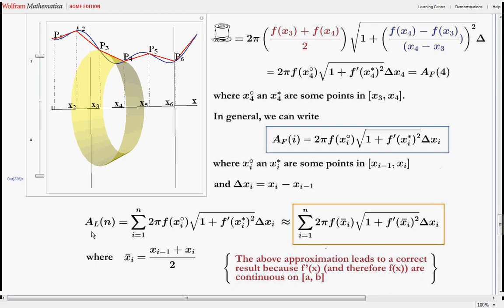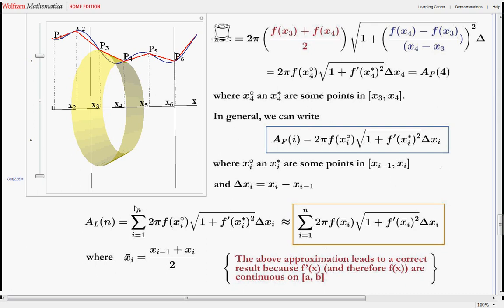So now we know that the area of the surface of revolution of our broken line L is simply the sum of all the frusta, which translates into the sum of all these expressions over all i from 1 to n. So that's what I wrote here.